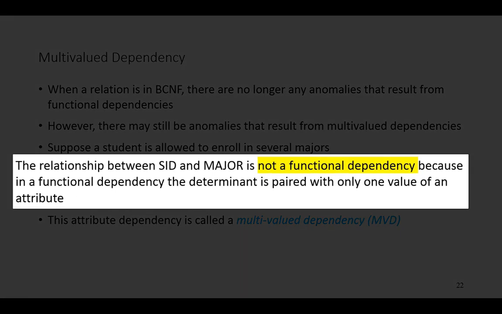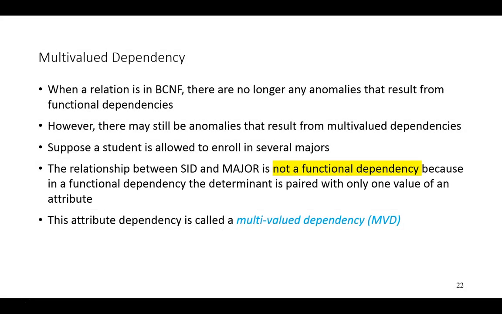The relationship then between SID and major is not a functional dependency. The reason being SID, which serves as the determinant, is paired with more than one value, the value of each major for this student. A functional dependency is such that the determinant is paired with only one value of another attribute.